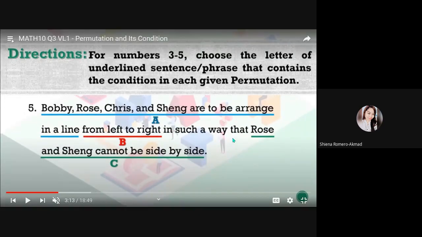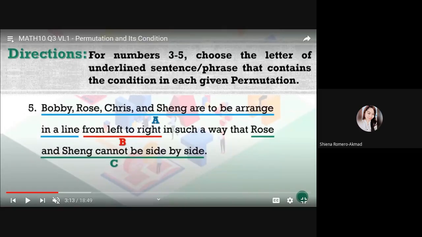Pero yung specification, and I mean the different cases of conditions, pwedeng sinasabihan ka kung where to put an element, or kaya naman, are you going to put the elements together or are you going to put the elements in a separate position? So yun yung three cases.